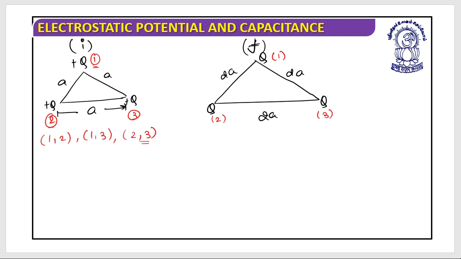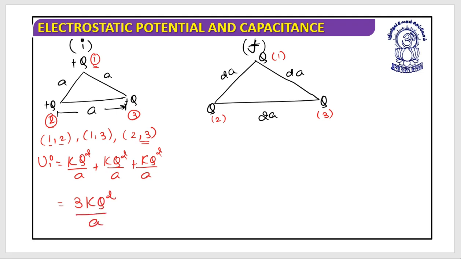So if I write the initial potential energy, for 1 comma 2 it is k q square divided by a, plus for 1 comma 3 it is k q square divided by a, plus for 2 comma 3 it is k q square divided by a. So this would be 3 k q square divided by a.